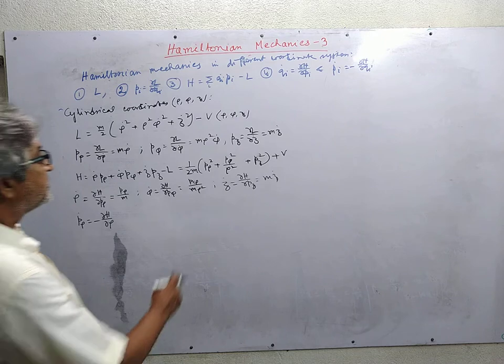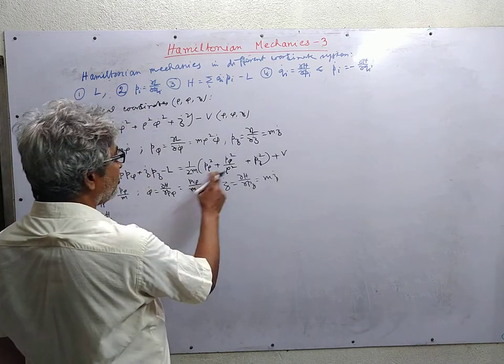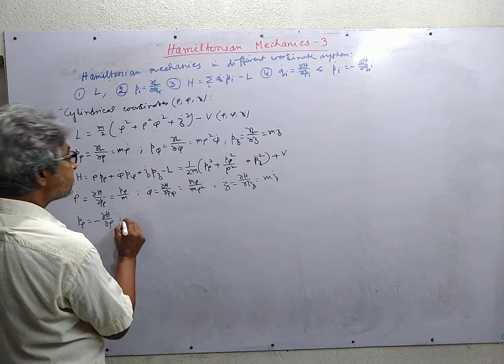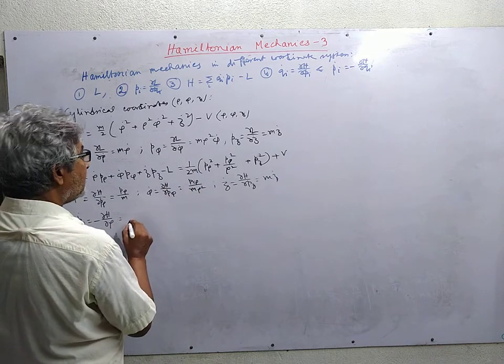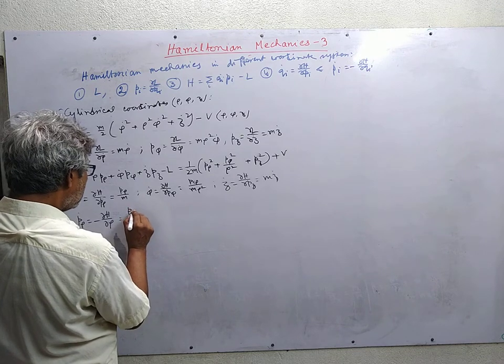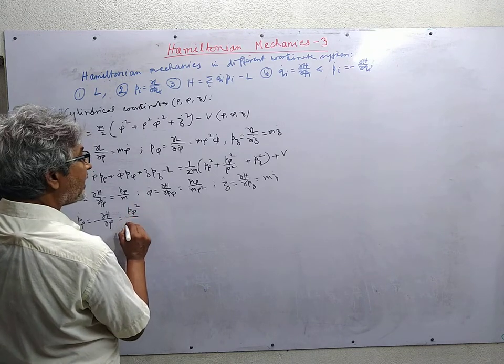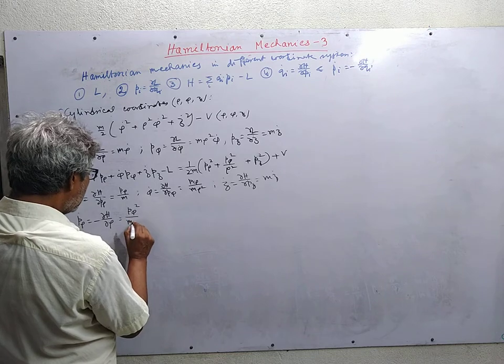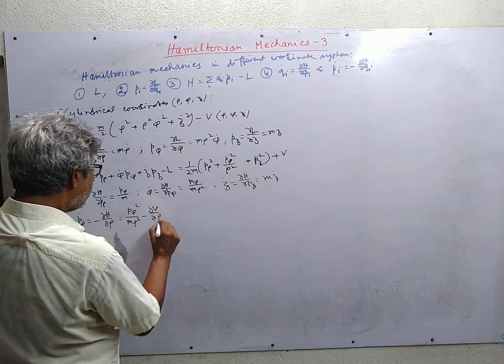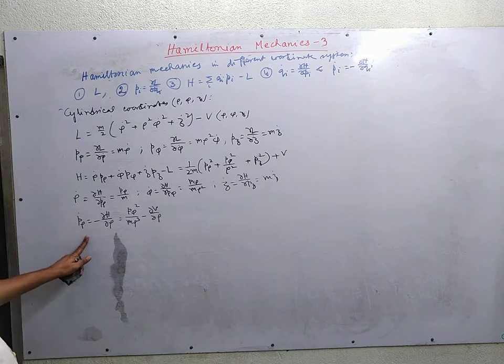In the first term there is no rho dependence, here is the rho dependence. So this is p phi square by m rho cube minus del V del rho. This is p rho dot.